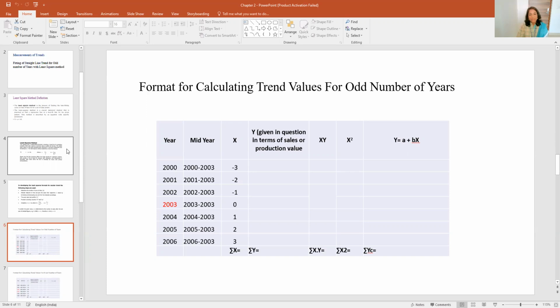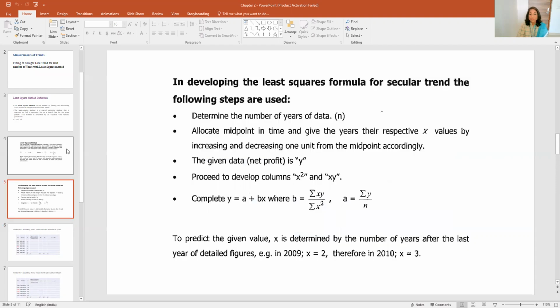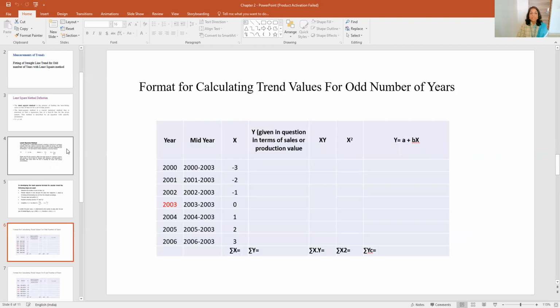The equation for the trend line will be y equal to a plus bx, where a will be calculated as summation of y divided by n, and b will be calculated with the formula summation of xy divided by summation of x square. So this is the format for calculating trend values for odd number of years.